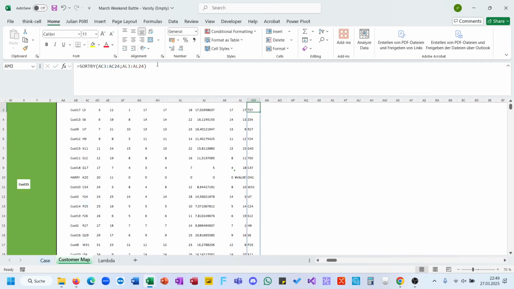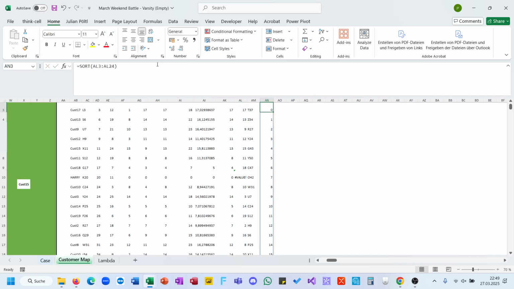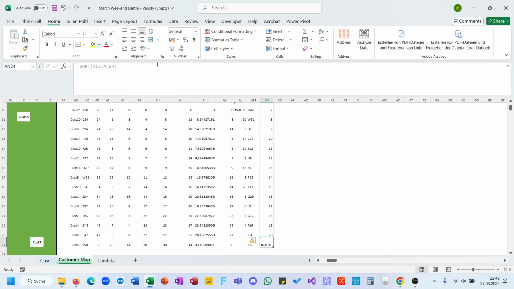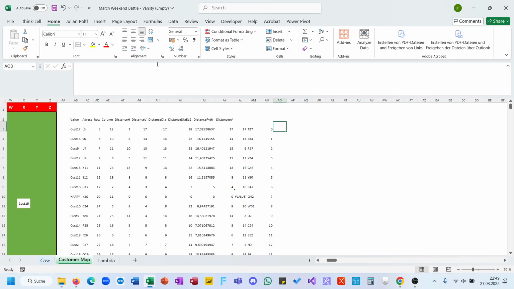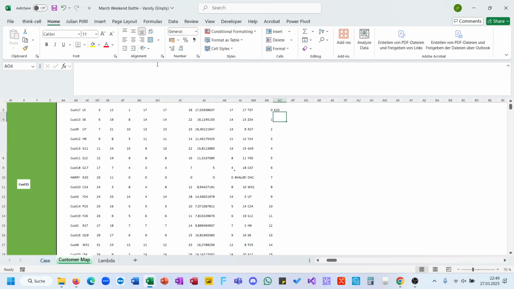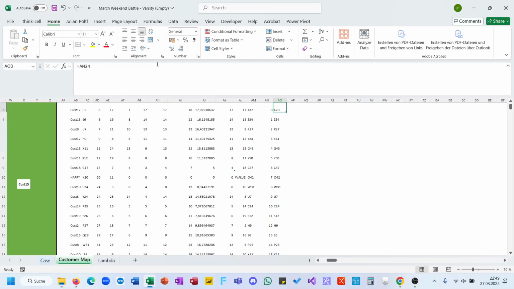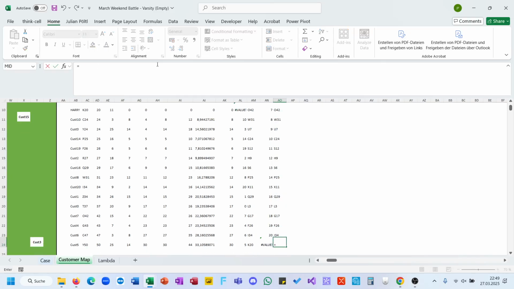The question is, what is the sort of this? Okay, so we're starting with 1 and ending with Harry. So first in the order is K20, so Harry, and then 1 to 20, and then again Harry.